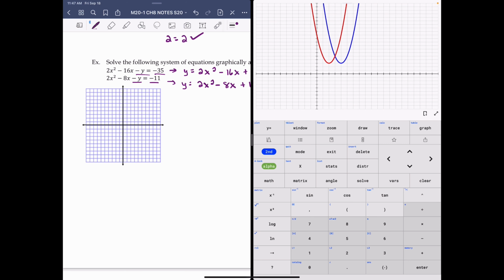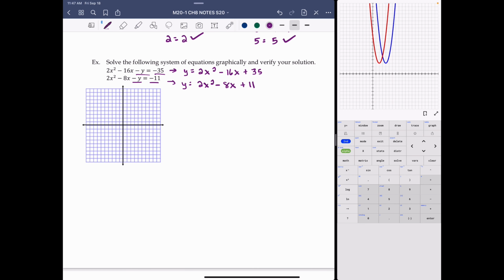And then graph. So it just gives me a better image. It definitely, to me, looks like they're only going to intersect at one point. So this is that example where they're the same width, same shape. One is just shifted over from the other. So they just have one intersection point. Let's give a quick sketch.